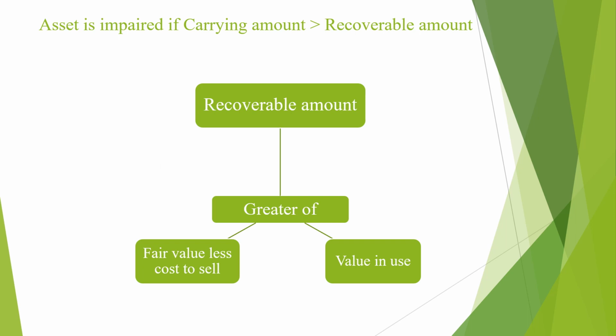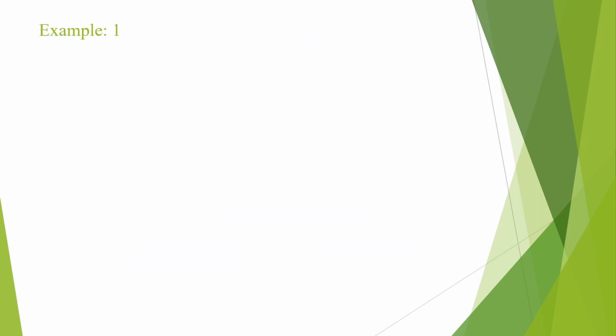Now, what is value in use? Value in use is nothing but the present value of the future cash flows that are going to be generated by the concerned asset, discounted at cost of capital. And fair value is nothing but the market price. Okay. Now let me explain with an example.